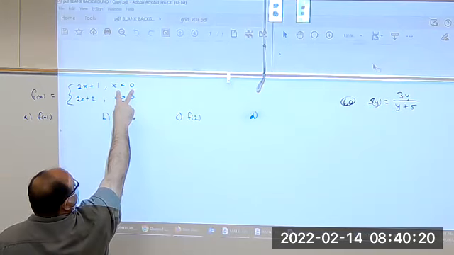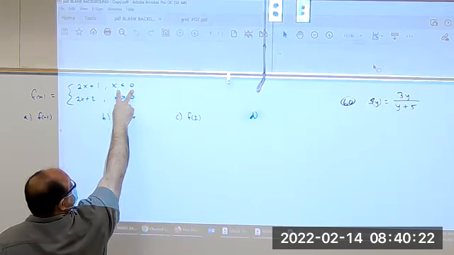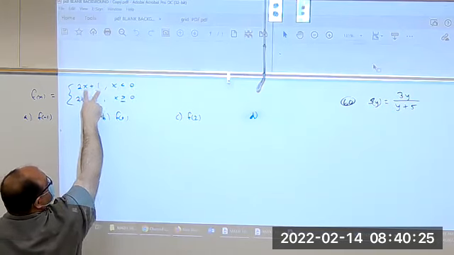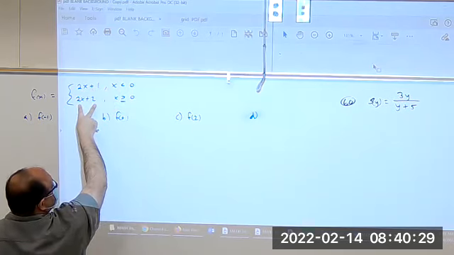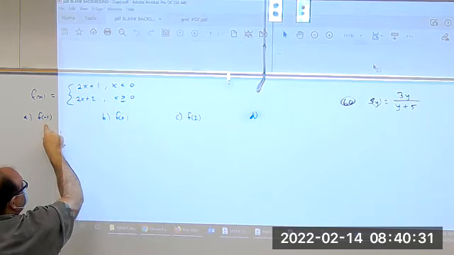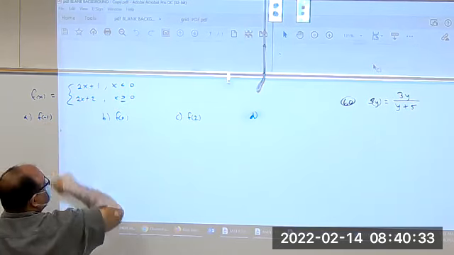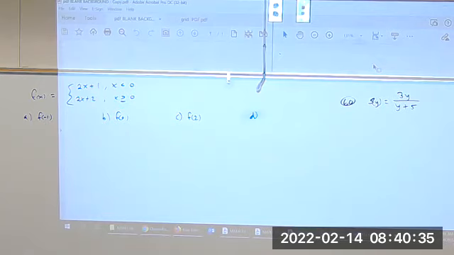So if I'm plugging in any value that's less than 0, I plug it into the first piece. If it's greater than or equal to 0, I plug it into the second piece. So -1, does it go into the first piece or the second piece? First piece.